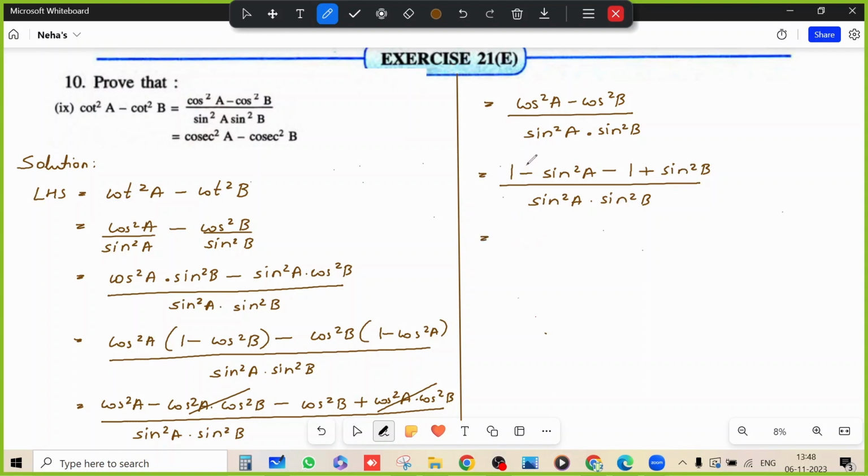Now this will cancel out plus 1 and minus 1, and we are left with sin square B minus sin square A in the numerator. This will be the denominator now.